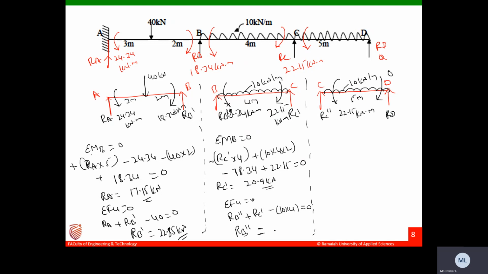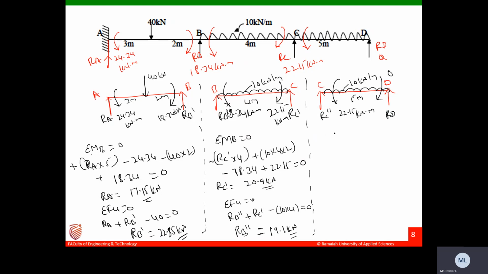RB double dash you will get 19.1 kilonewtons. Similarly, now here you can take the RHS side and you can calculate.